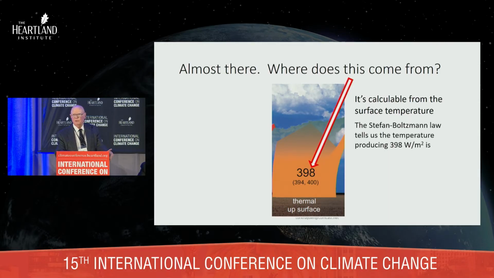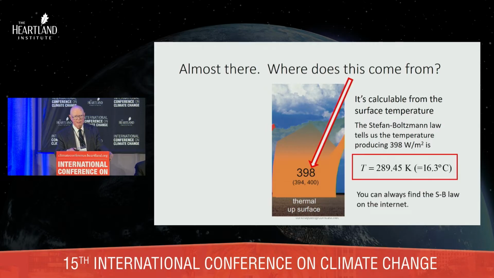The second most important thing to know is that the Stefan-Boltzmann law is the one that tells us. And then we'll show you later what the actual equation is. But the answer is that 289.45 kelvins, which is 16.3 Celsius, is the temperature that would give rise to that 398.